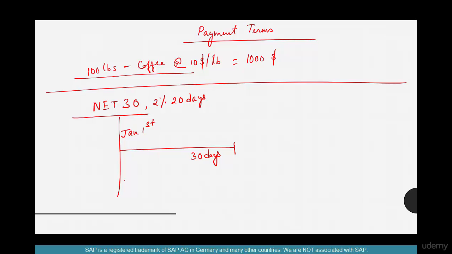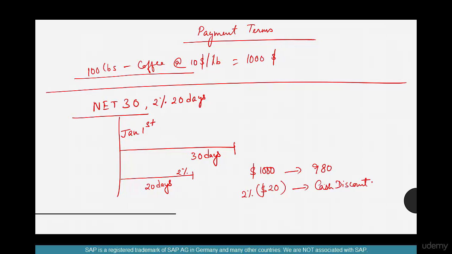What this means is, if you pay within 20 days, you get a cash discount of 2%. So out of 1,000, you only need to pay $980, because the $20, which is 2% of 1,000, is given as a cash discount.